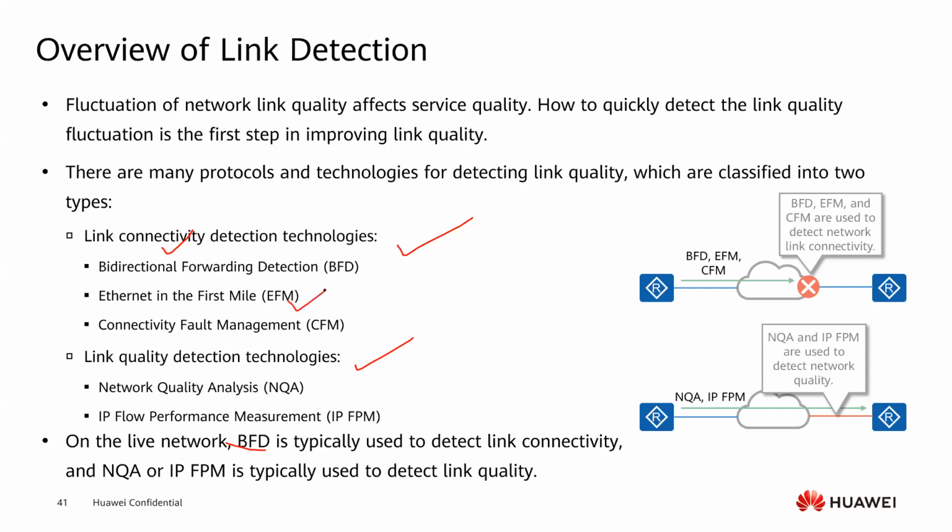The other two, EFM and CFM, are seldom used, only in a few scenarios, mostly in the last mile. For link quality detection, they can use NQA or IP FPM or similar technology to detect whether your network is okay or not.